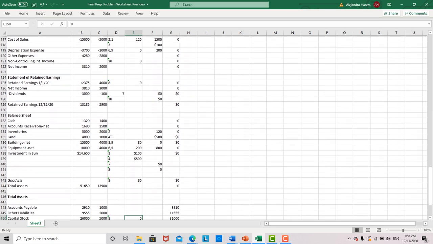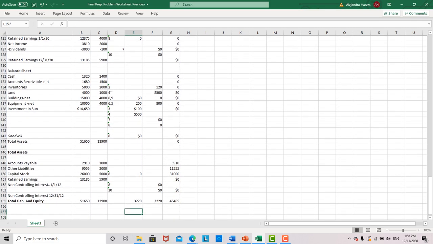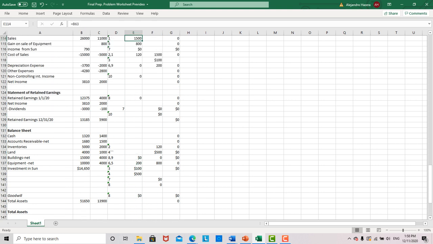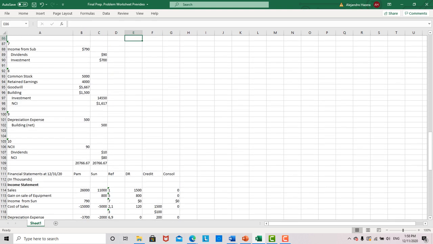Okay, so I'm going to go ahead and check my debits and credits. They equal so far, so that's good. Okay, so we've got the regular entries now. So in entry 7, we will eliminate the income from sub, which is eliminating the wrong count there. We're going to debit income from sub for 790.